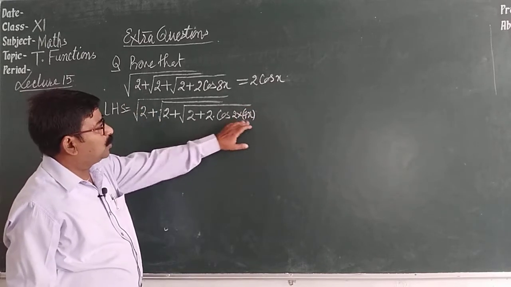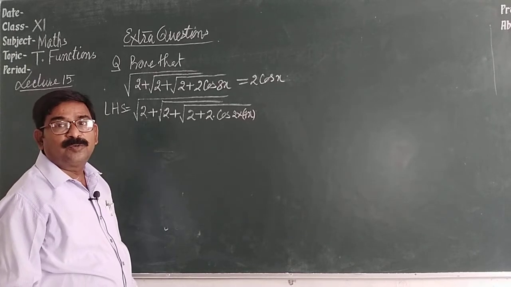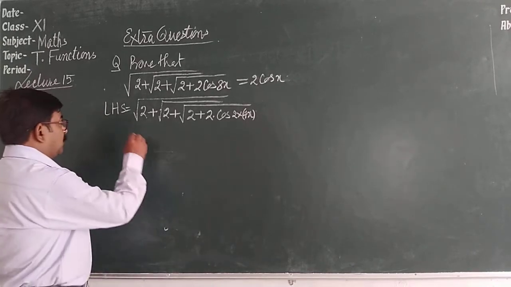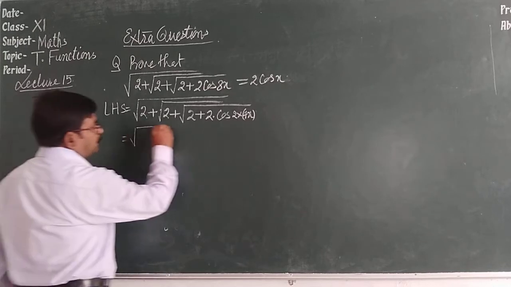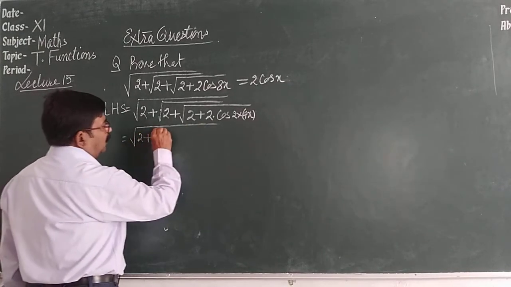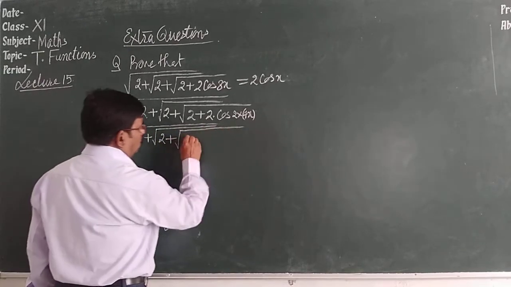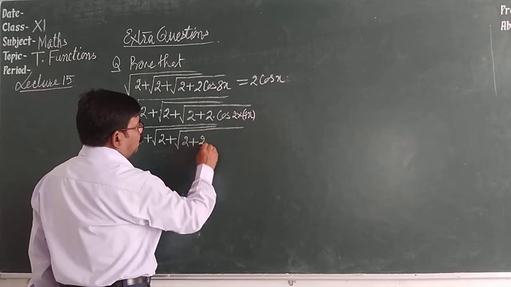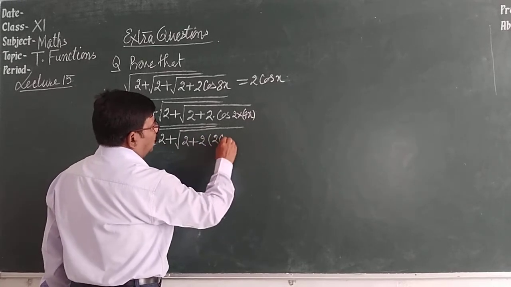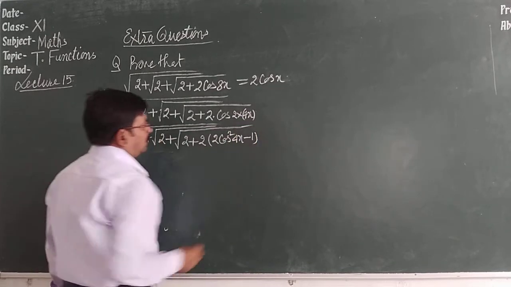This is cos 2x formula, and cos 2x is 2 cos square x minus 1. So see, this one is 2 plus under root 2 plus under root 2 plus 2 times of 2 cos square 4x minus 1.